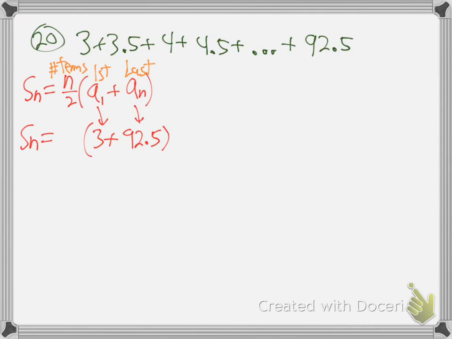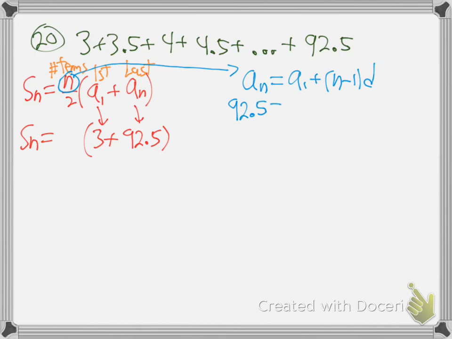Good, so to find that n, go off to the side, use the other formula. And so that means, remember again, A1 is the first term, A sub n is the last term.